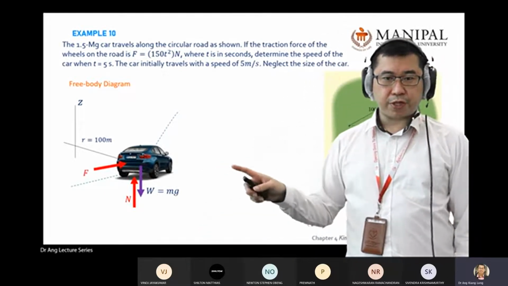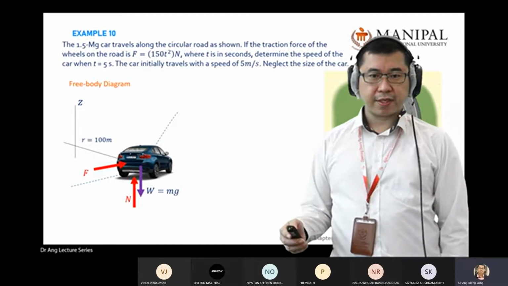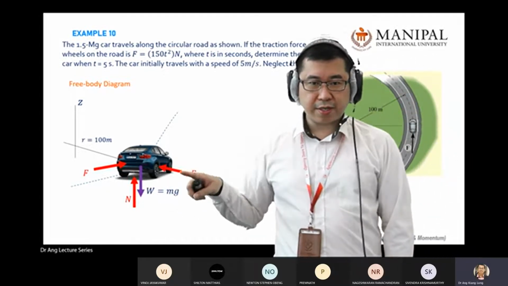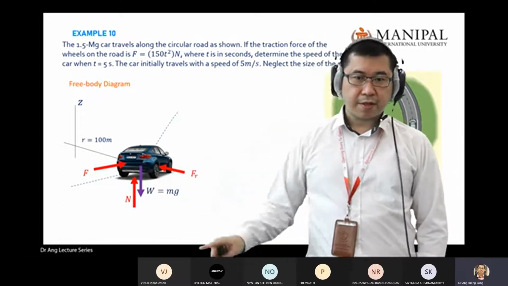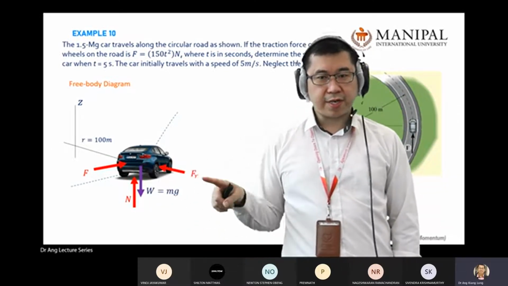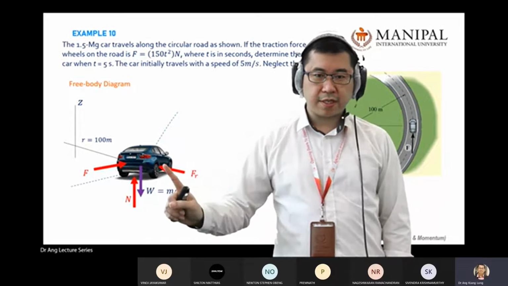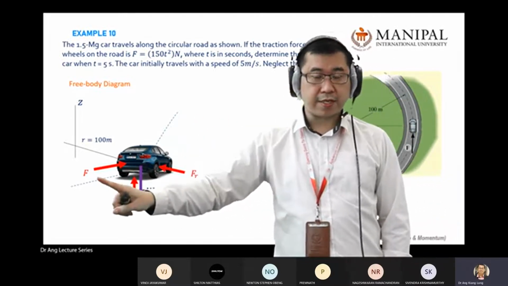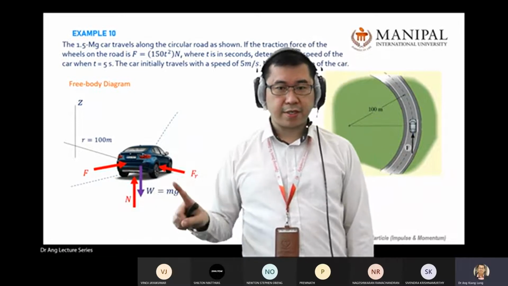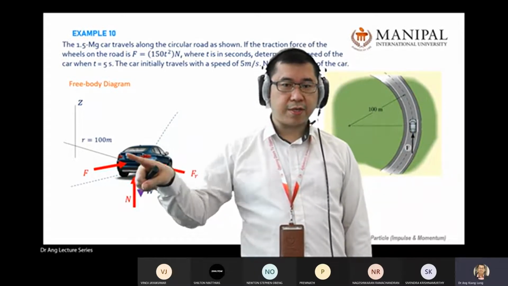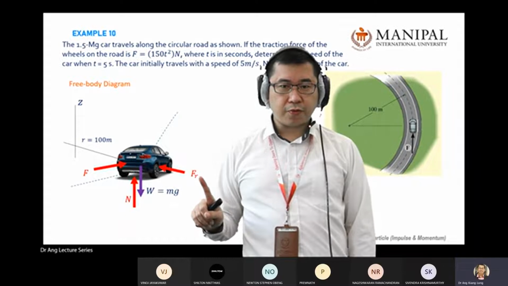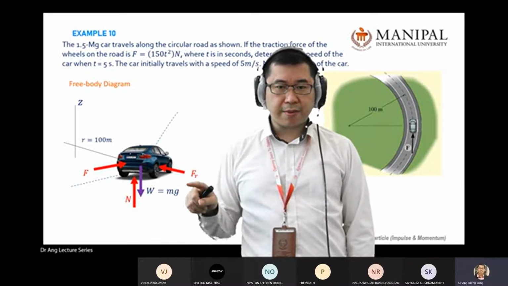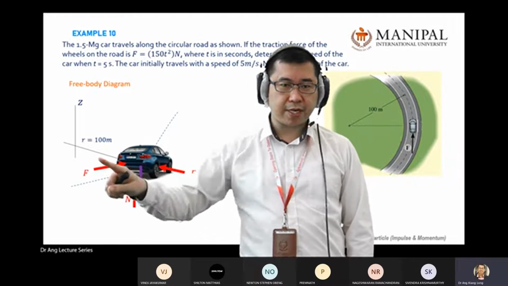There's a force pushing from behind. There's an r direction, or you can see this as your normal direction. This is your t direction, so this force you can see as a tangent direction. This one as your normal direction, but just to fit the question, I use F sub r to represent the radial direction.